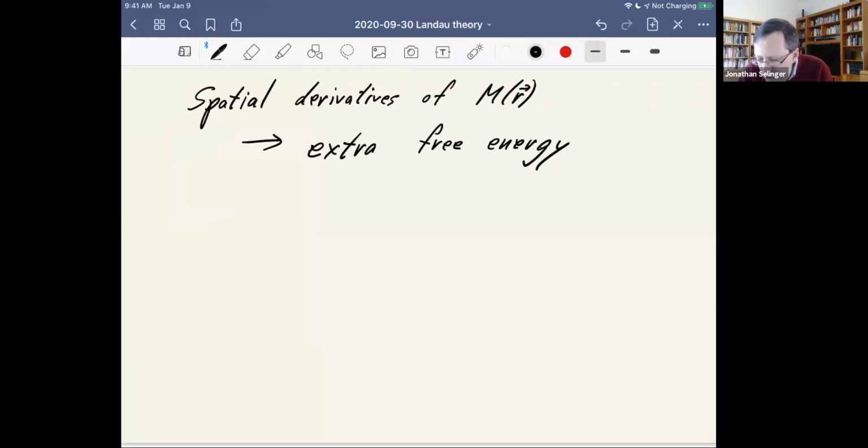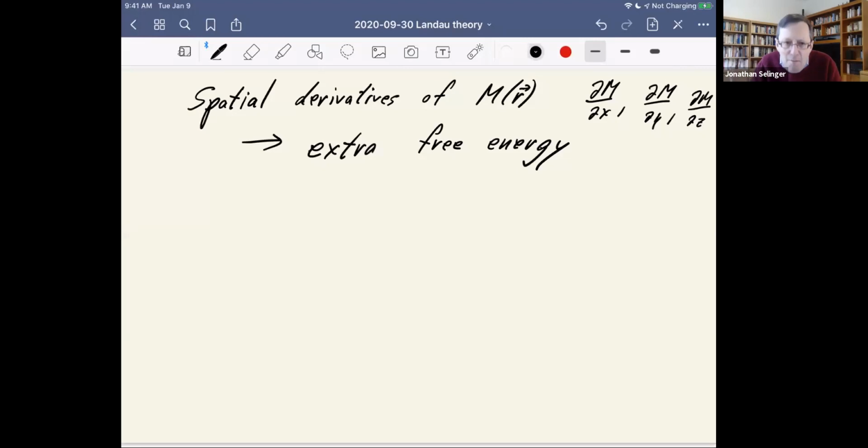So spatial derivatives, that means derivatives like dM/dx, dM/dy, dM/dz. If M is changing as a function of x and y and z, those changes might cost extra free energy.